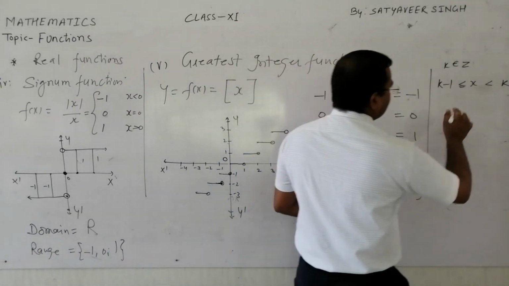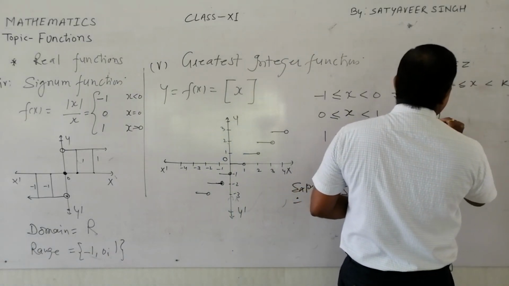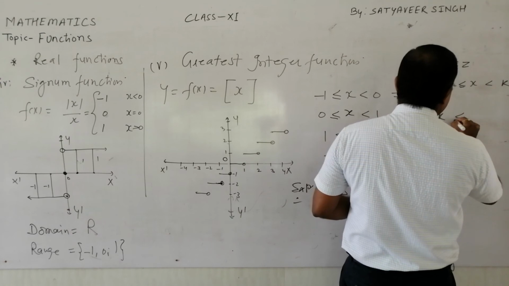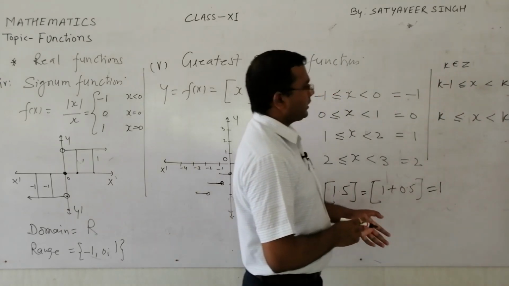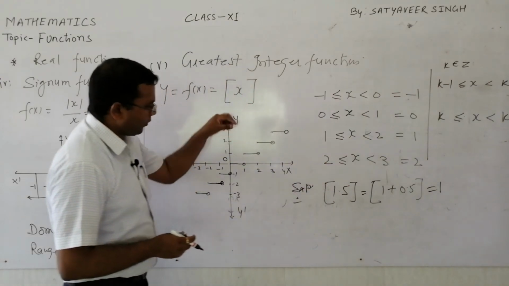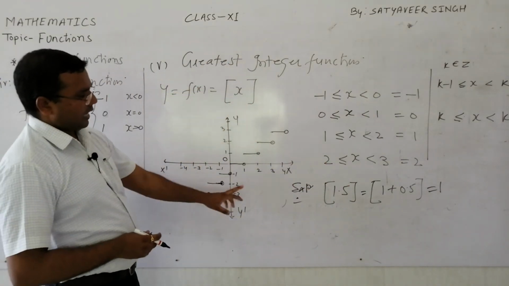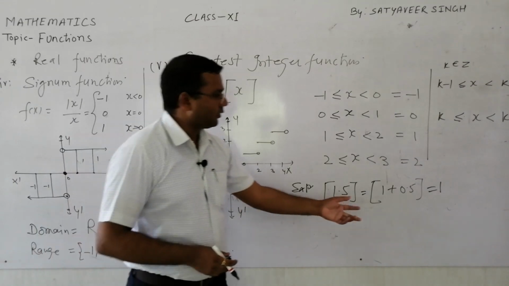And if it is k, greater than or equal to x, less than k plus 1, so now what I am doing is just putting these numbers in that interval.